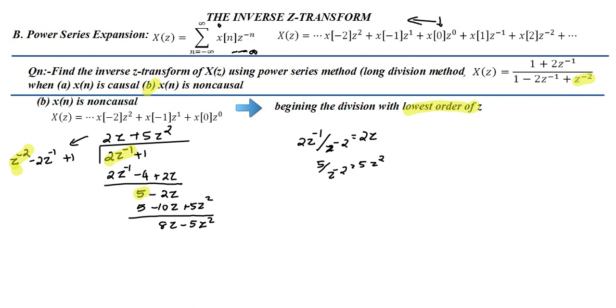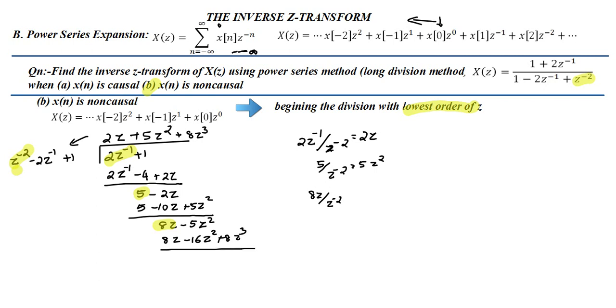And now again I need to divide 8z by this, so 8z divided by z raised to minus 2, you will get plus 8z cube. Again I will multiply with 8z cube, so you will get 8z minus 16z square plus 8z cube.